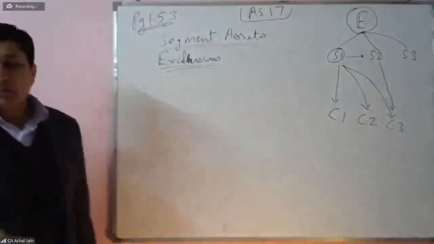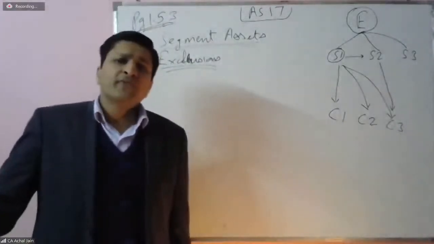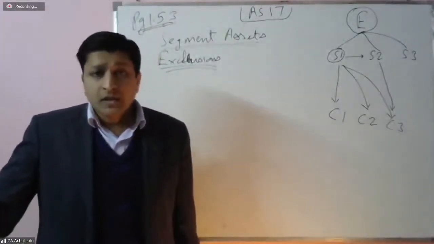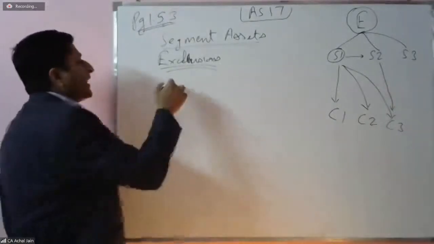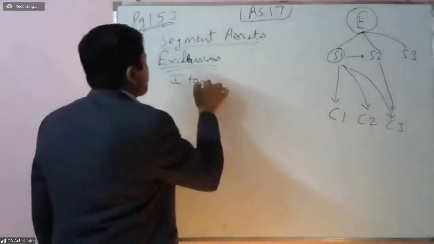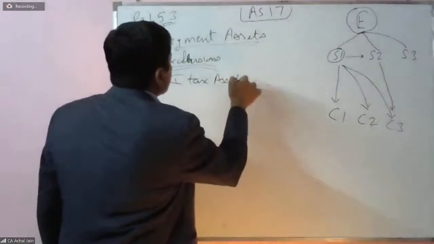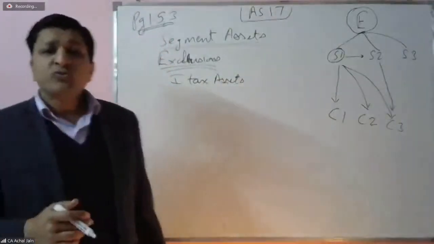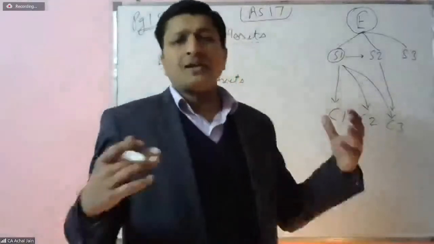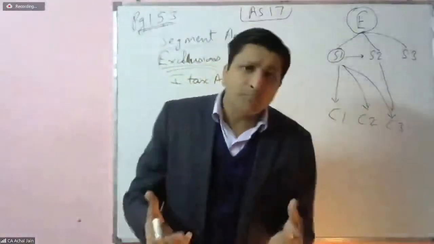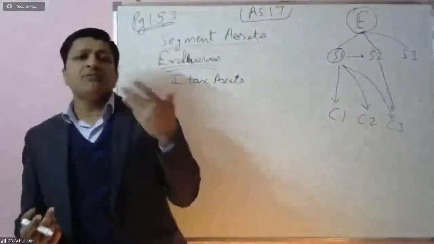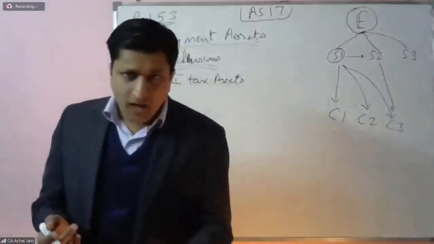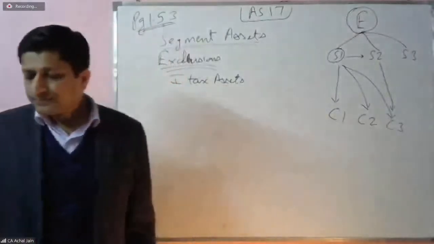Income tax, if you remember, was excluded from the segment expenses. Similarly, if there are income tax assets, those will also not form part of segment assets. Why? Because these do not pertain to a particular segment. Income tax is something which is specific to a company. Income tax is not something which will arise on a particular segment. So that's the rationale.